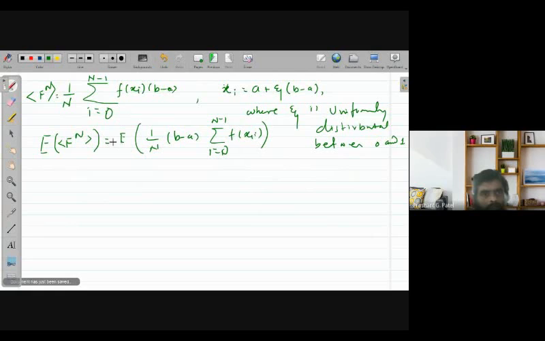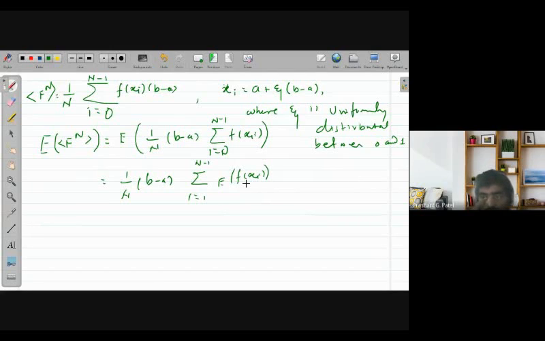Now if I take this expectation inside the summation, this is 1 upon n, b minus a, summation i running from 0 to n minus 1 of the expectation of f of xi.